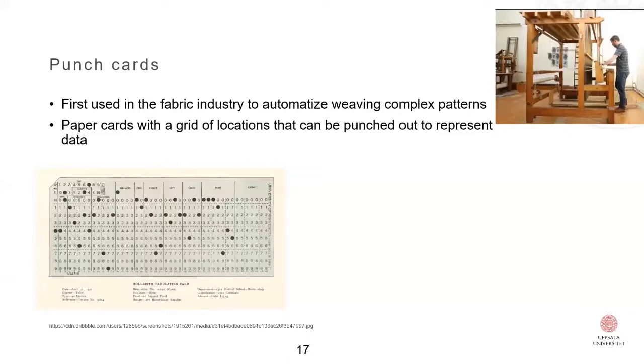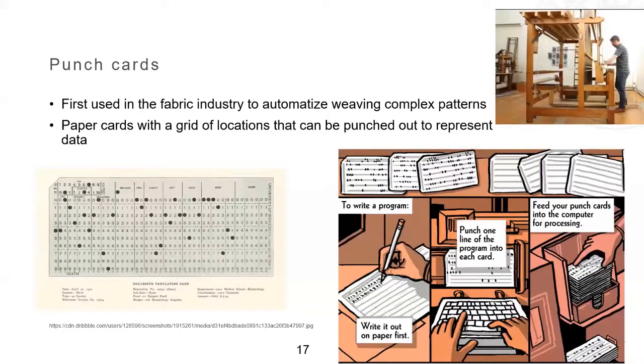Later, the first use of these punch cards was to give input data to the computers, but they were actually used for decades, for example to give data or even to do programming. The programming we will discuss a little more in the coming slides, but they would use punch cards in this way.